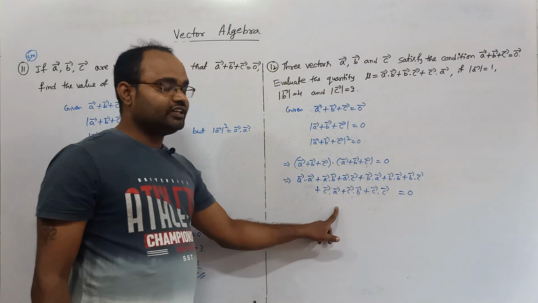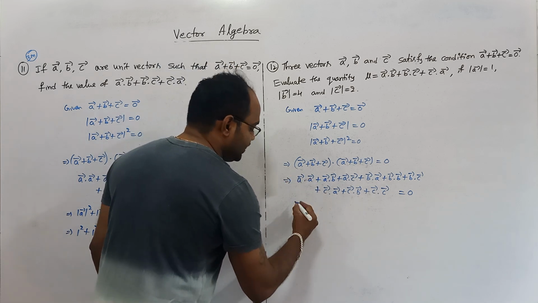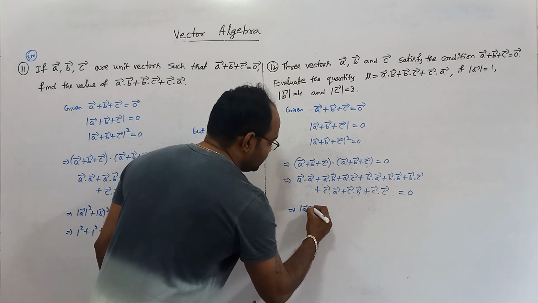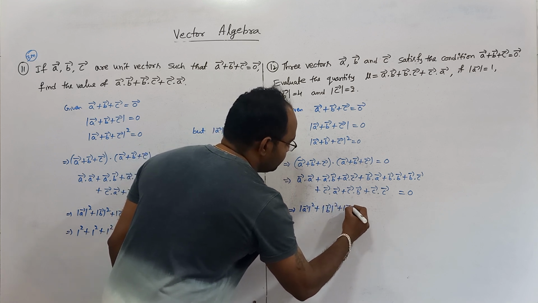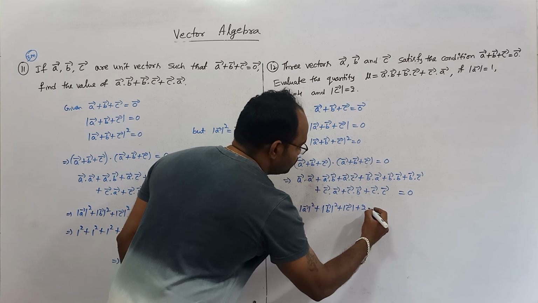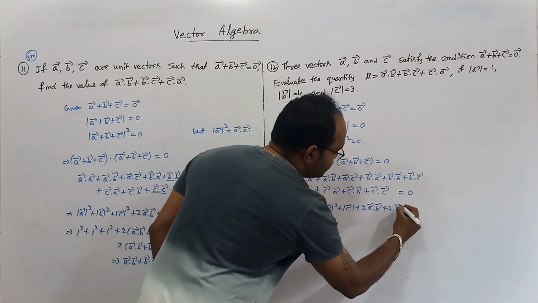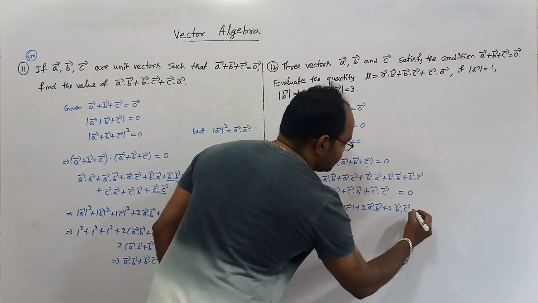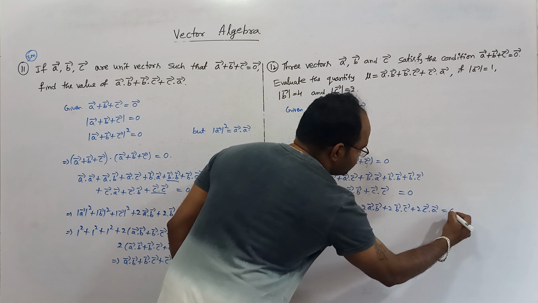All equated to 0. So therefore A dot A is magnitude A whole square plus magnitude B whole square plus magnitude C whole square plus 2 times A dot B plus 2 times B dot C plus 2 times C dot A is equal to 0.